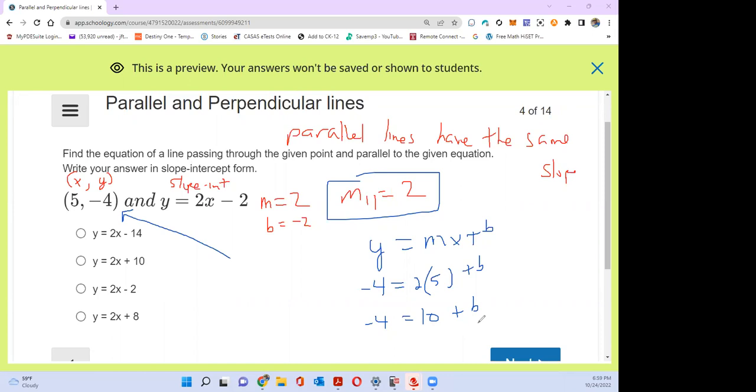The 10, right? How do I get rid of that 10? You subtract 10. Minus 10.